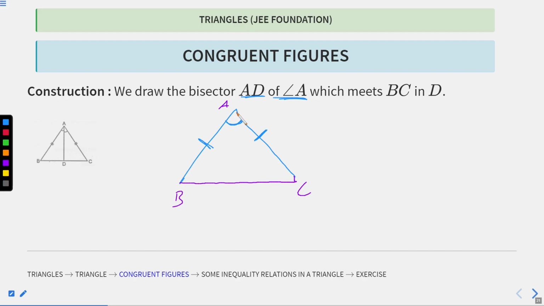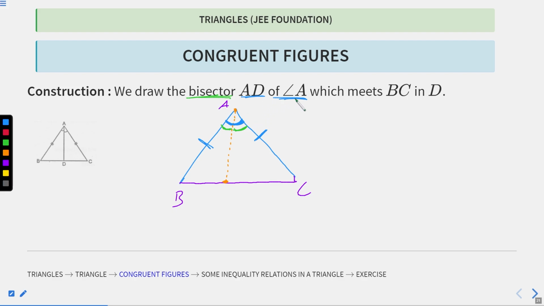That means I am going to join this point to a point on this line in such a way that after joining these two points, angle A is divided into two parts, and both of the parts must be the same. One part is this and another is this. That's what we mean by the bisector.